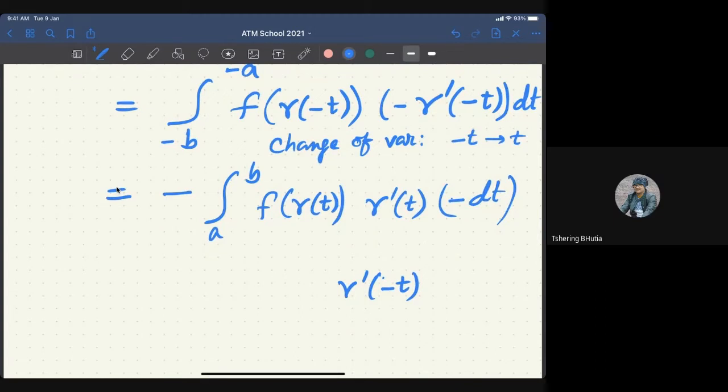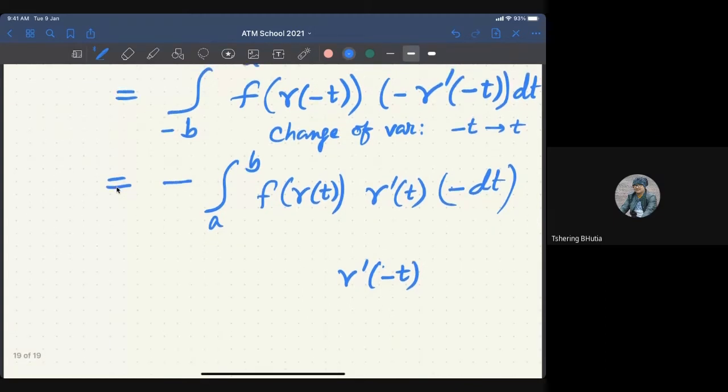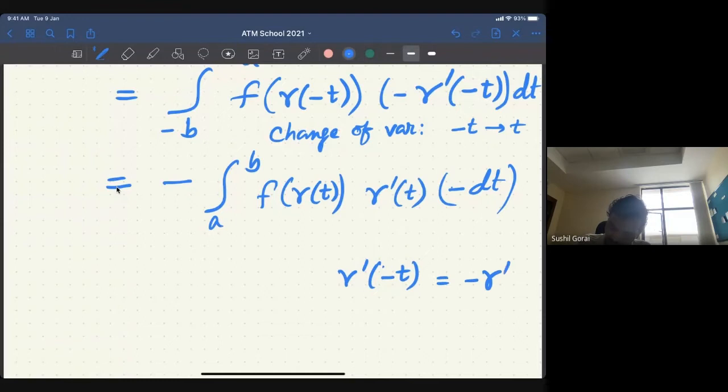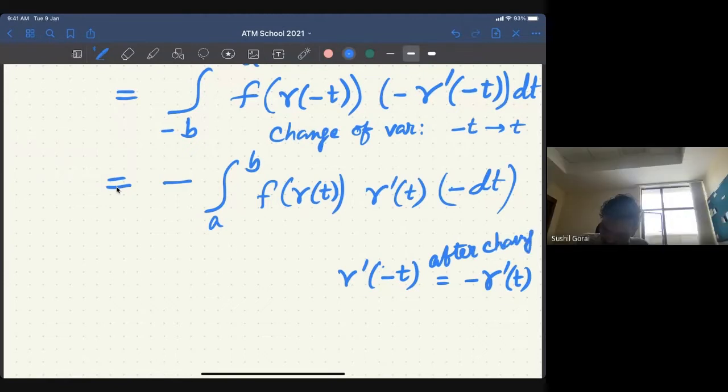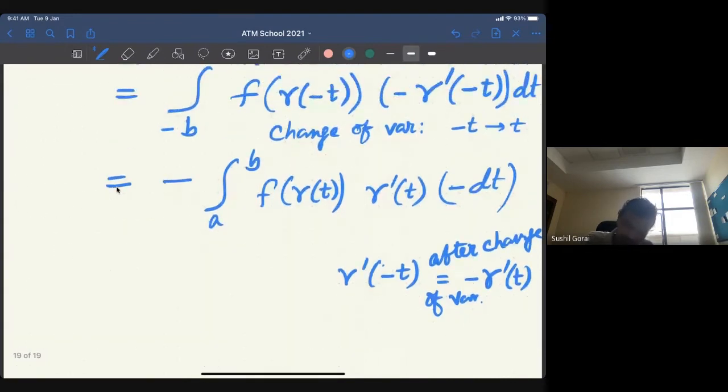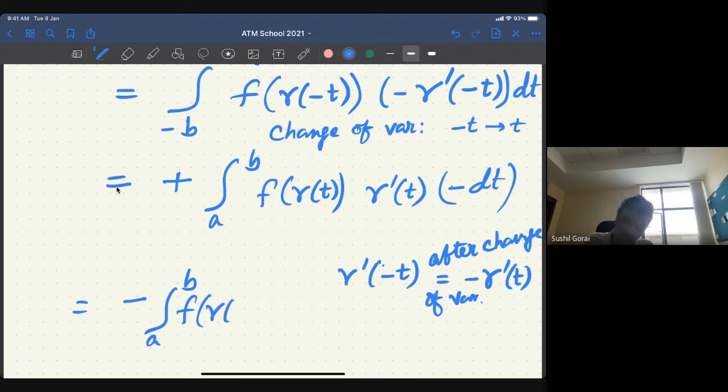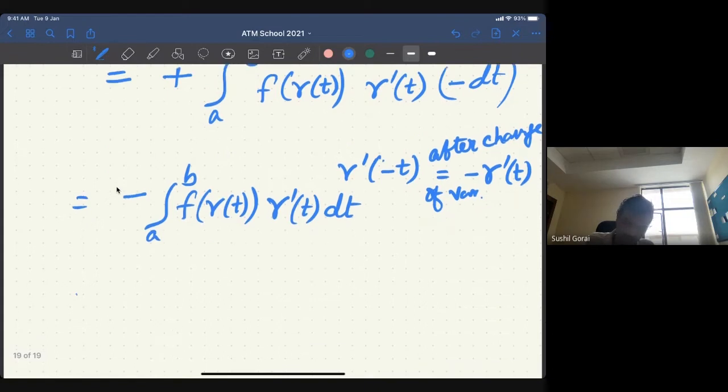There will be a minus sign, so minus of gamma prime of t after the change of variable. This minus and this minus go away, so there will be one minus: minus the integral from a to b of f of gamma t, gamma prime t, dt, which is nothing but minus the integral over gamma of f dz.